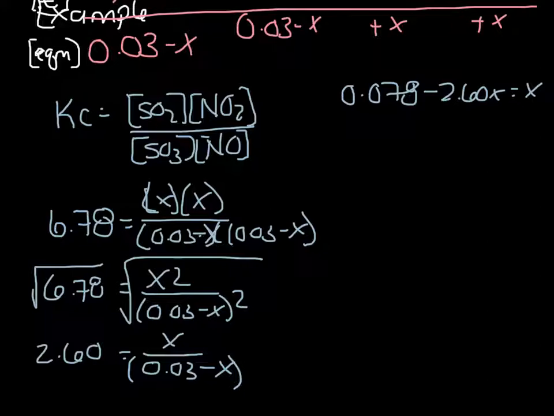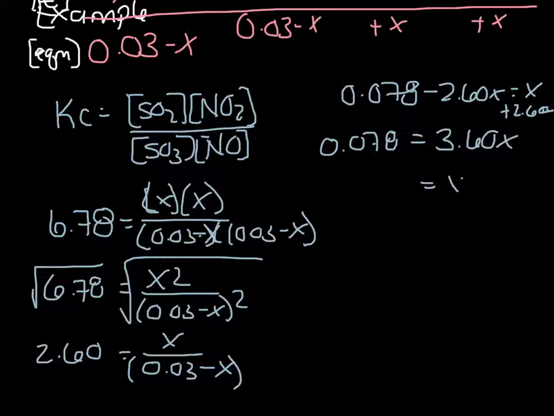I'm going to move x over, so we have 0.078 equals, I'm adding our x, so we get 3.60x. Divide by 3.60, and you get 0.022. And that gives us the value for x.